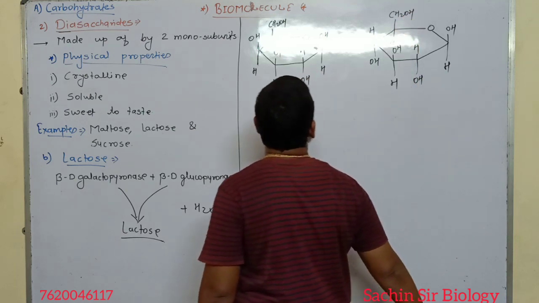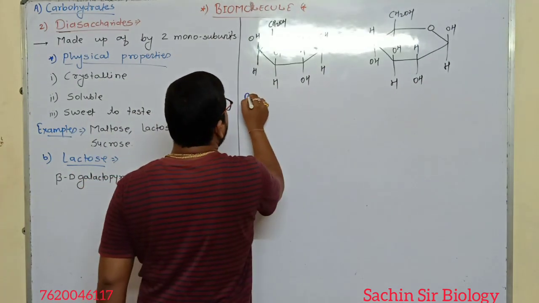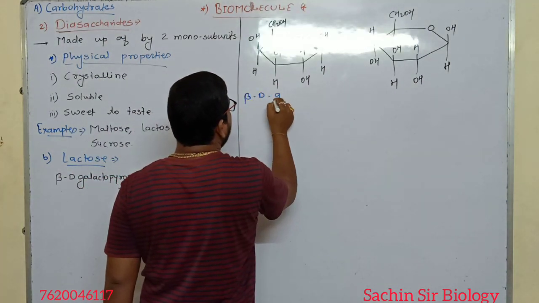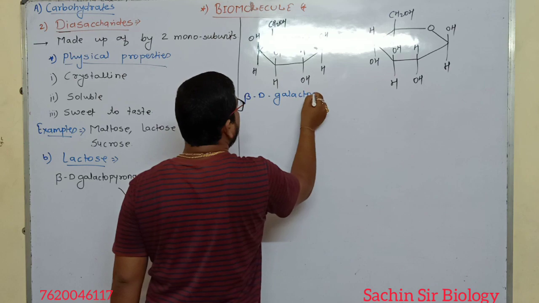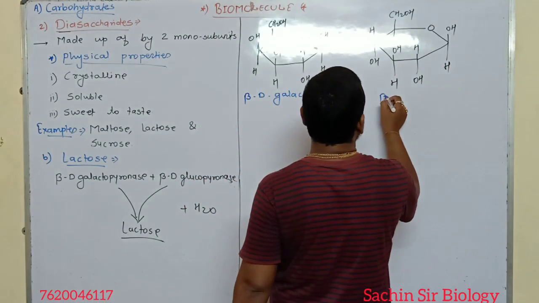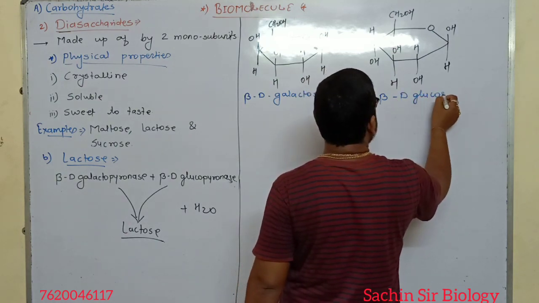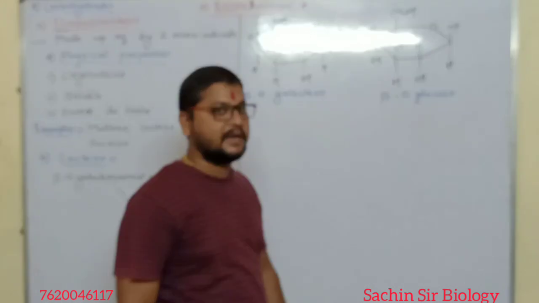That's all. This is about the structure of beta D galactose or galactopyranose. Both are the same thing. And this one, beta D glucose, is also called glucopyranose.